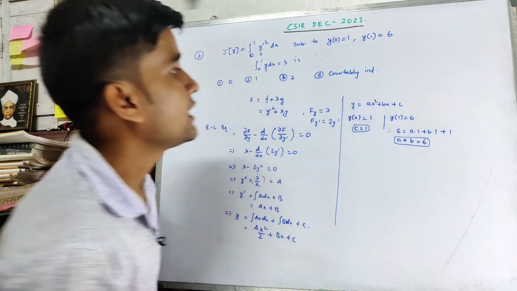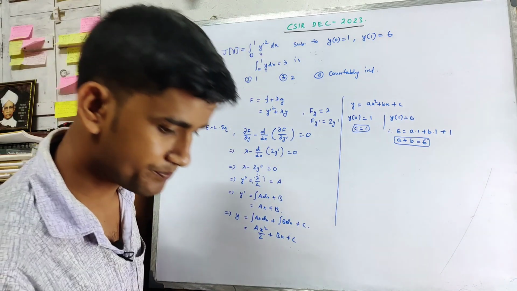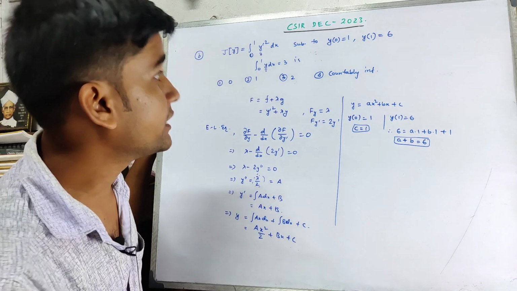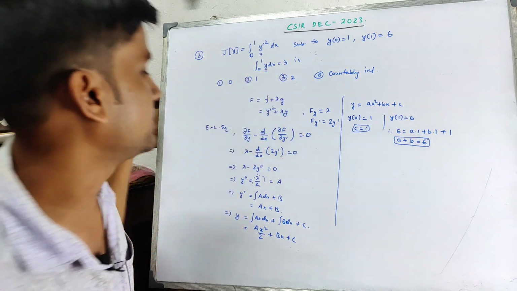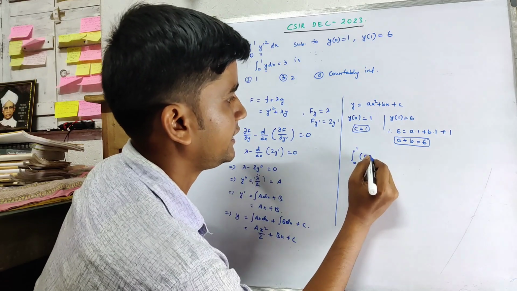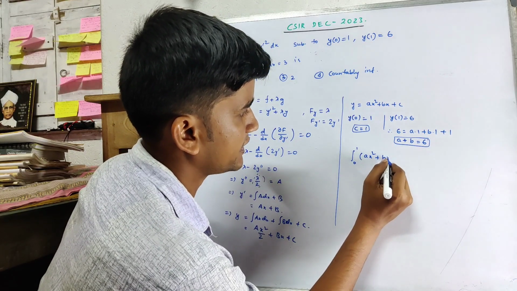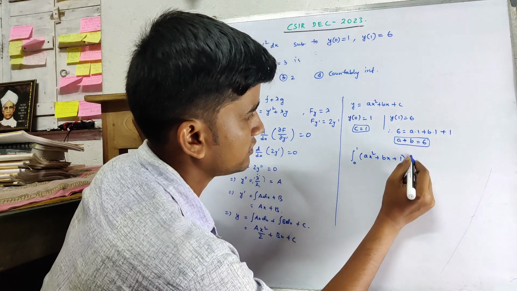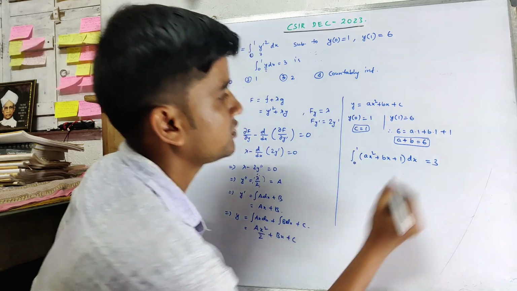We get one condition. Now if we put these values in the integration, the integral from 0 to 1 of ax square plus bx plus c, with c equal to 1, dx is equal to 3.